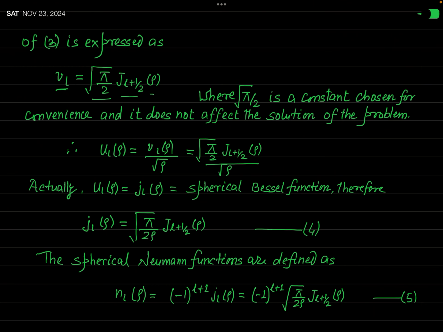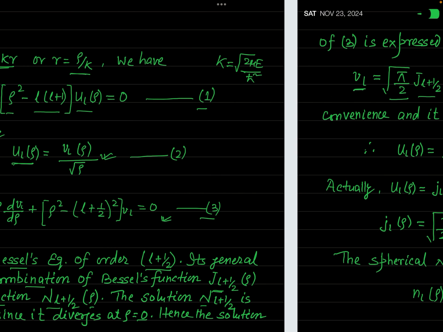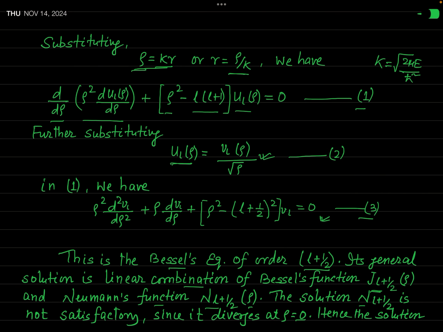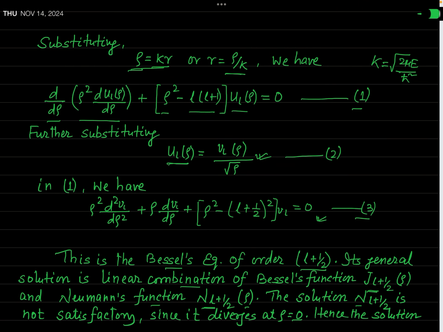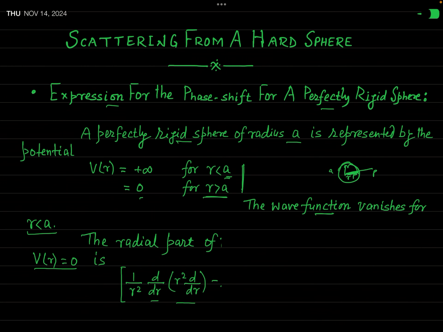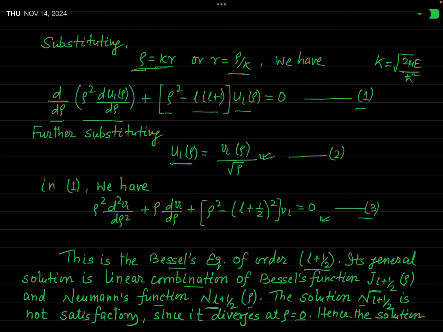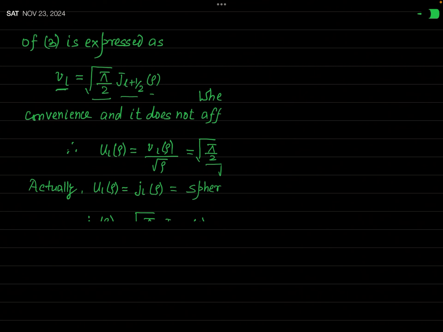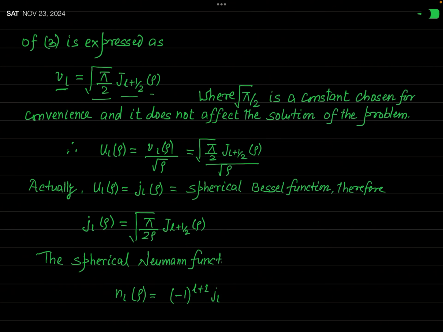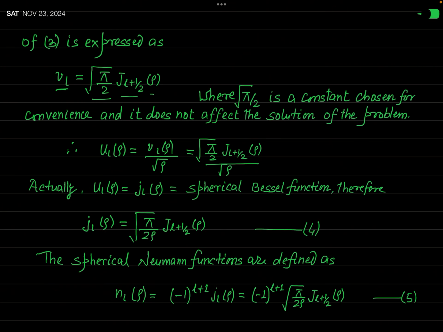Since N of L plus half of rho diverges at rho equal to 0, to get a finite solution we simply say that the solution of equation 3 will be the Bessel function of first kind, that is J of L plus half. We neglect N of L plus half.